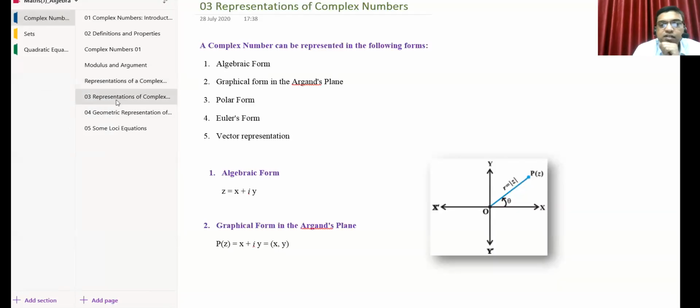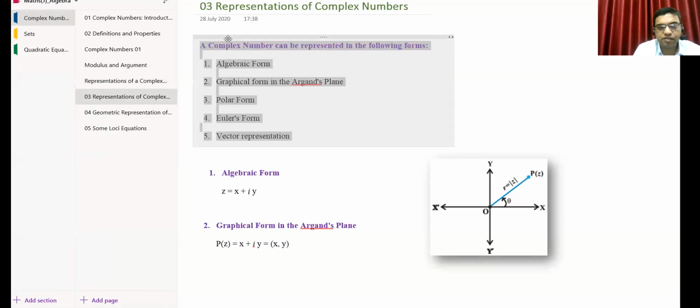Okay, representation of a complex number. There are different representations. See, earlier, there are 5 forms of representation of a complex number. I'll copy this.